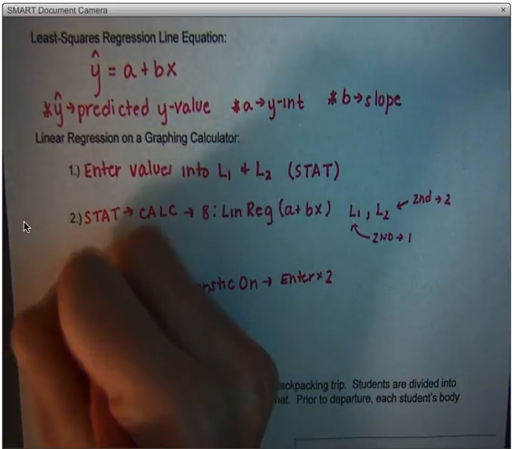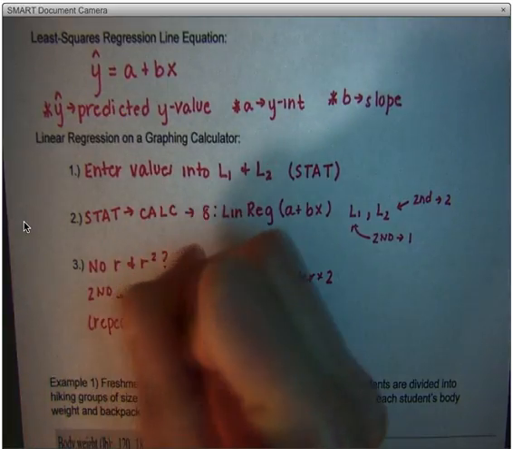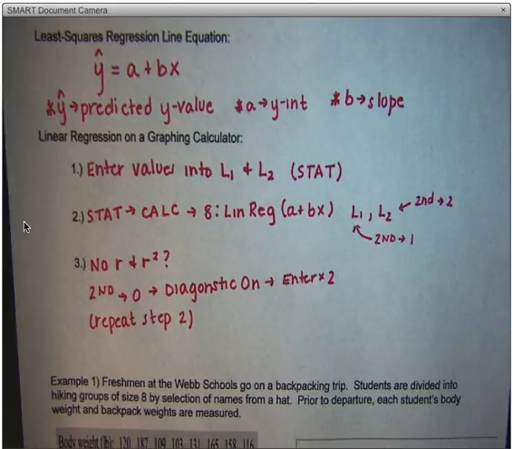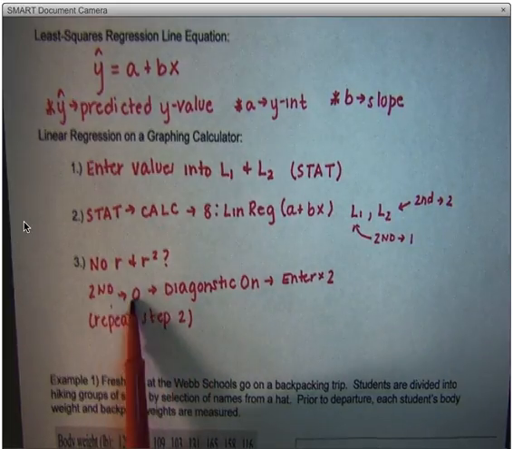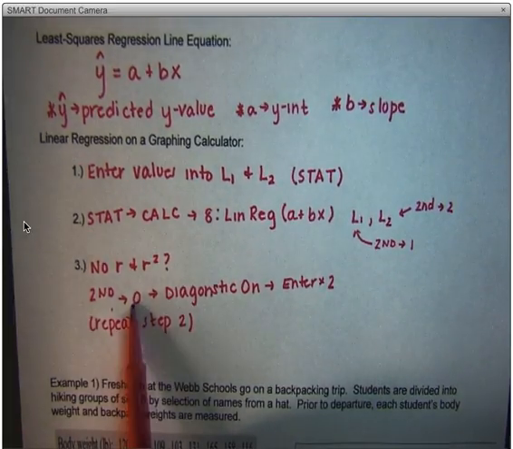After you do that, then you're going to repeat step 2. Okay, this is only if it's necessary, and then once you get to second, 0, it's a big list and it's in alphabetical order, so it's going to take you a little bit to scroll down.